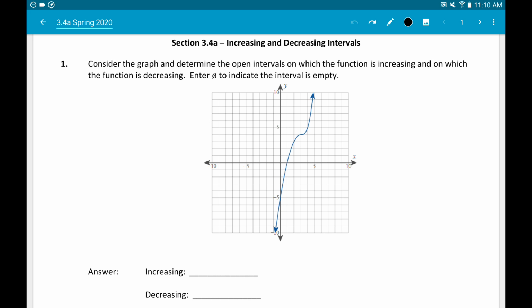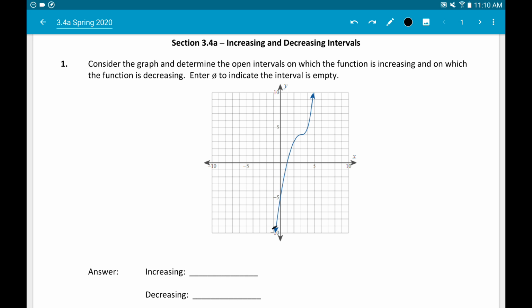So if we take a look at this graph, as we move left to right on the graph, here I am down here, the graph's moving upward, upward, upward, kind of almost levels out, but not quite for just a second there, but it keeps going up. So this entire graph is increasing.